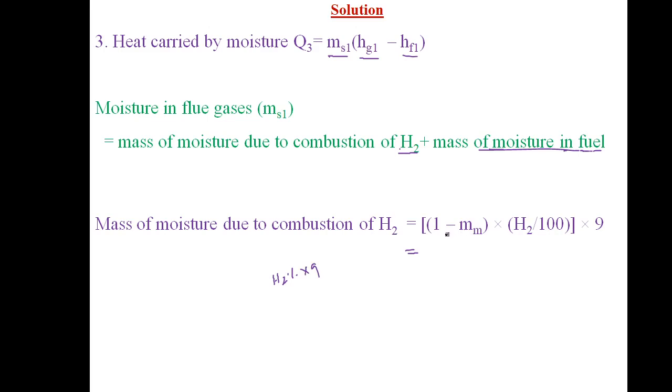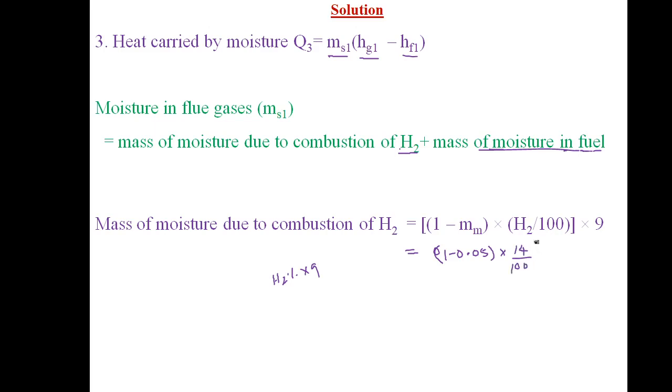Therefore if we burn 1 kg of fuel, only 0.95 kg is the fuel, and the rest, 0.05 kg, is water. Therefore we have to write 1 minus 0.05 as the fuel, into percentage of hydrogen. H2 percentage is given as 14%, so 14 divided by 100 or 0.14 we can write.